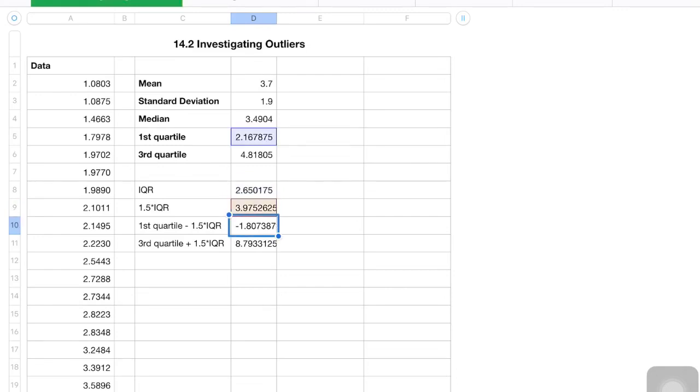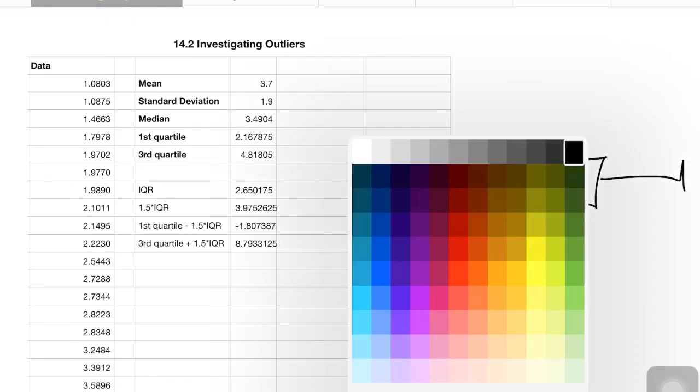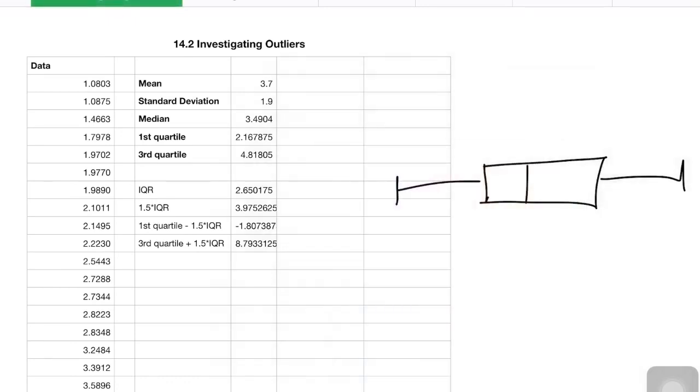And then I added what would be a low outlier. So that would be your first quartile minus 1.5 times the IQR, because if you're thinking about it, this is your box plot, right? I could have an outlier this way, 1.5 times my IQR, or I could have an outlier going higher, 1.5 times my IQR.